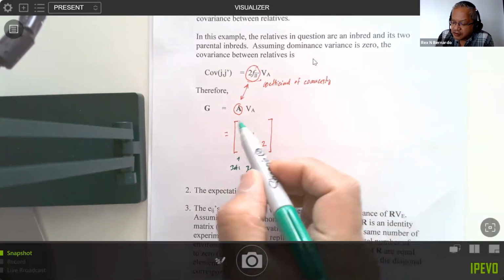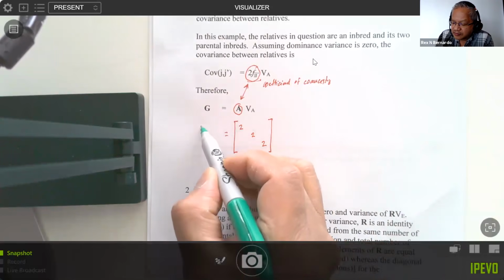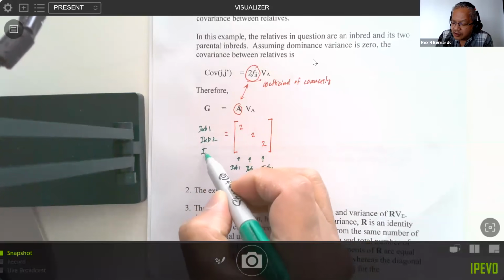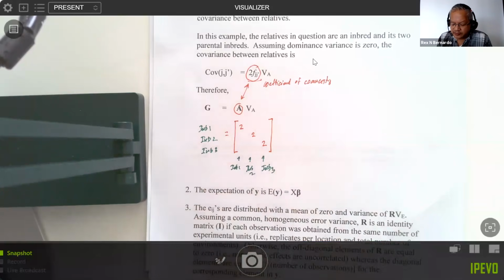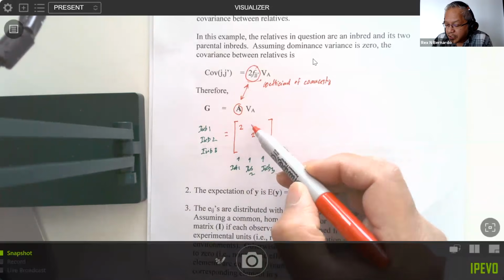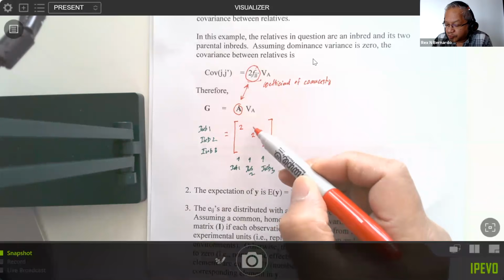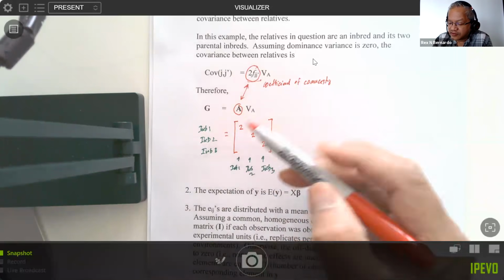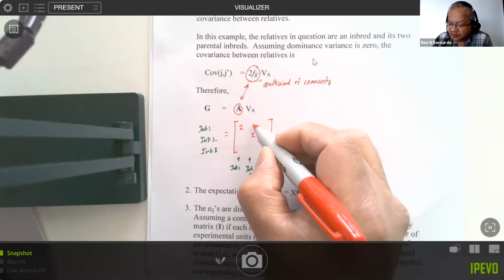This element here would be twice the coefficient of coancestry between inbred 1 in row 1 and inbred 2 in column 2. We said that the two parents are unrelated with each other. Inbred 1 and 2 had a 0 coefficient of coancestry, so 0 times 2 equals 0.